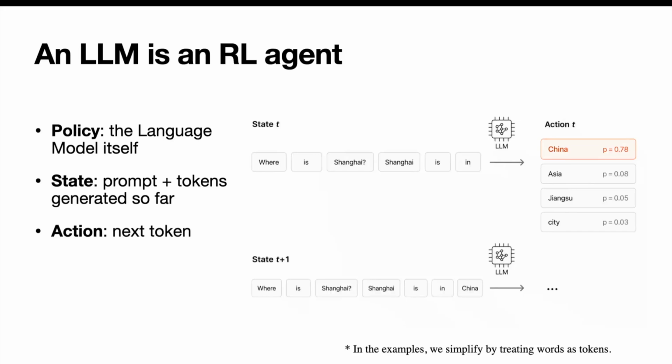So, LLM generation can be viewed as a sequence of decisions. At each step, the model observes the current context, chooses the next token, and then moves to a new state. In RLHF, we optimize this policy so that the generated answers receive higher rewards according to human preferences.